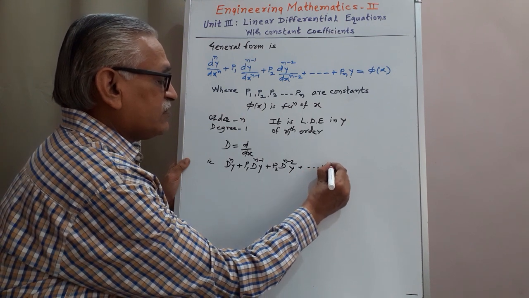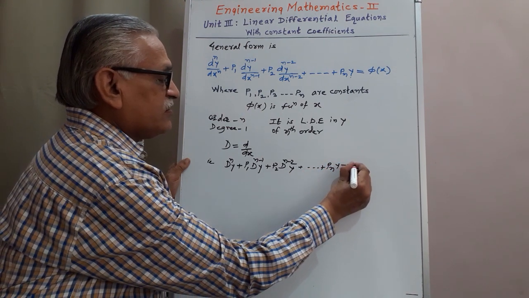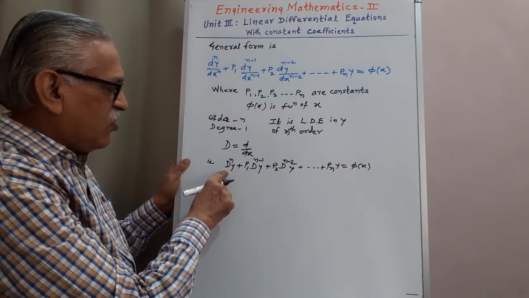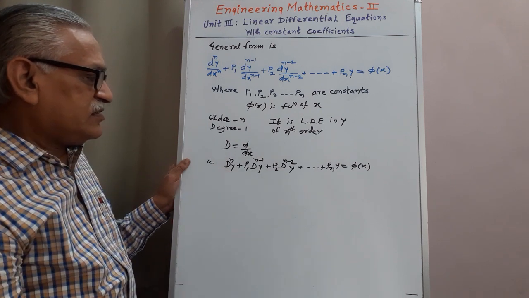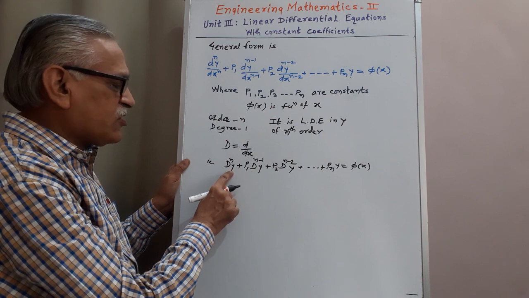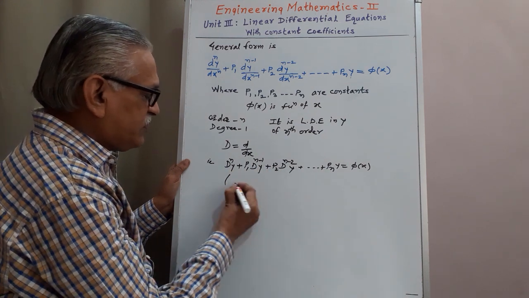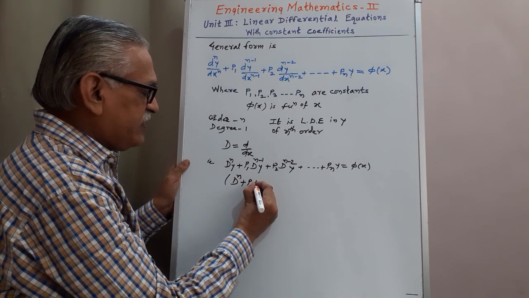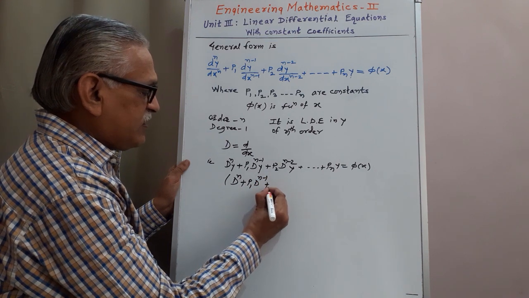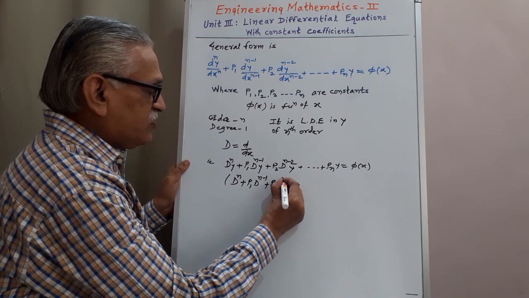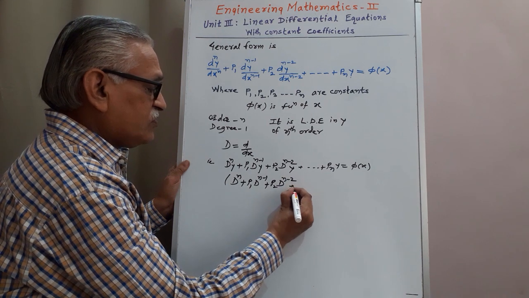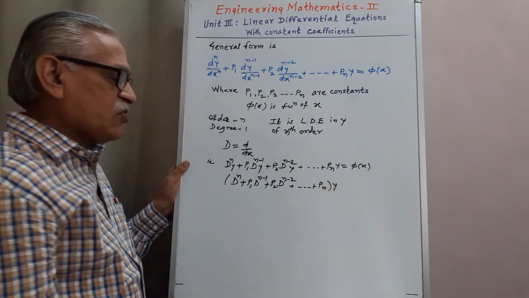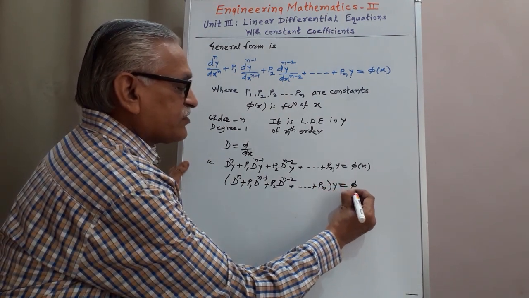The last term is pn y, equals some function of x. All that operator is operated on y, and therefore we can take y common from this, so that we get D^n plus p1 D^(n minus 1) plus p2 D^(n minus 2), and so on. The last term is pn, operated on y, equals phi of x.